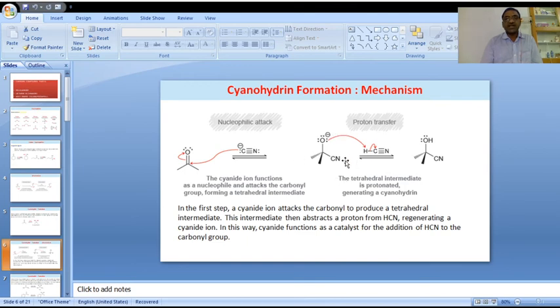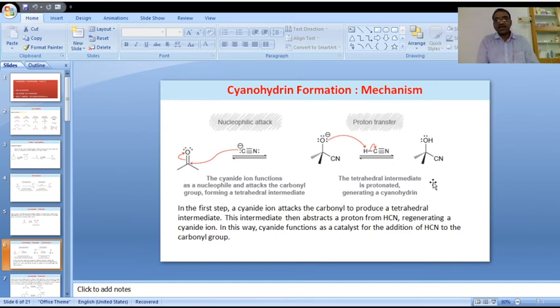This tetrahedral intermediate abstracts a proton from HCN. Is it clear? It abstracts a proton from HCN, regenerating a cyanide ion. Here we are using cyanide for attacking, and it is regenerated again in this second step.